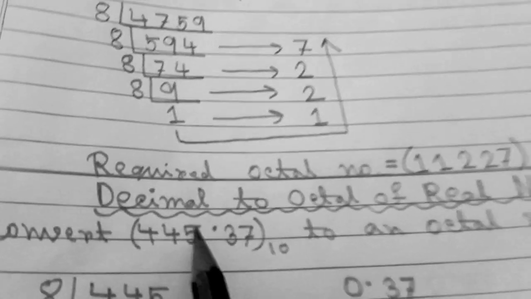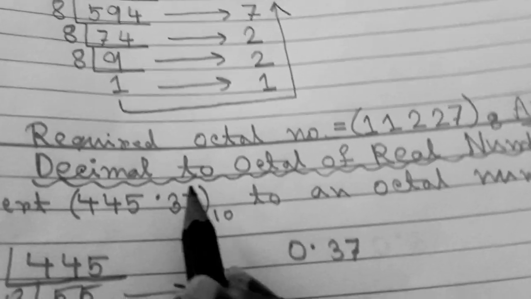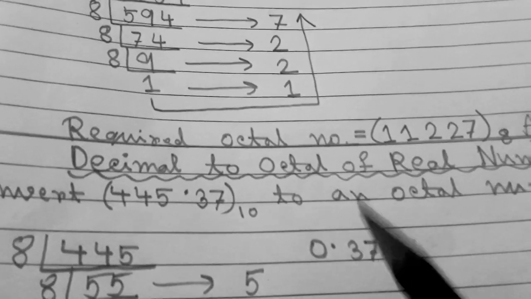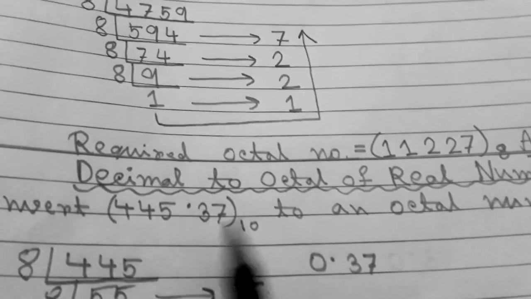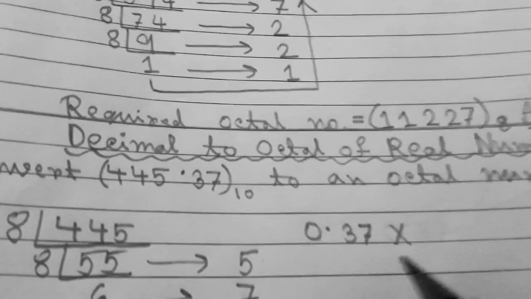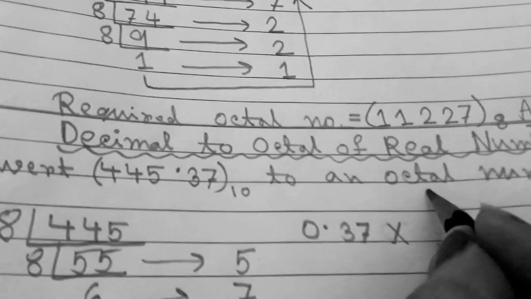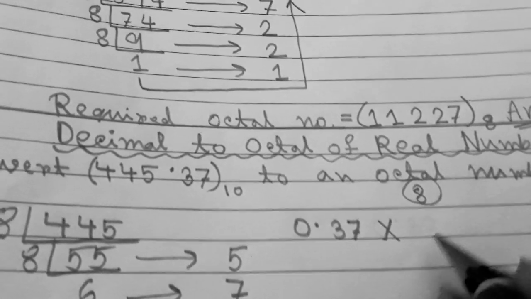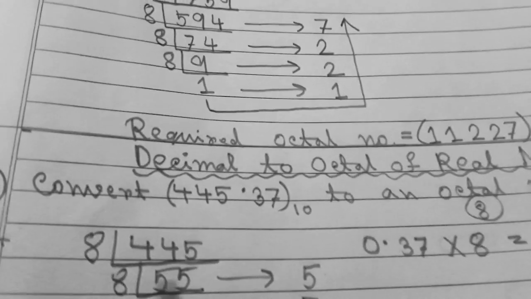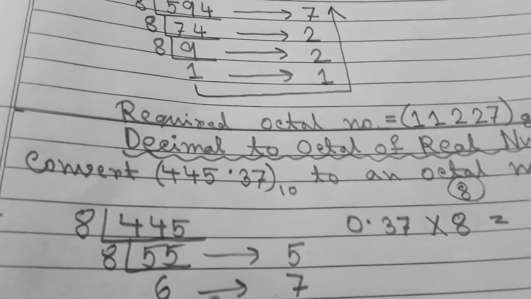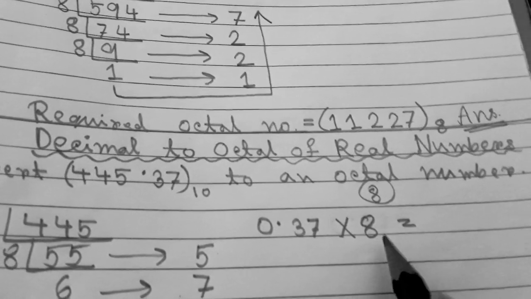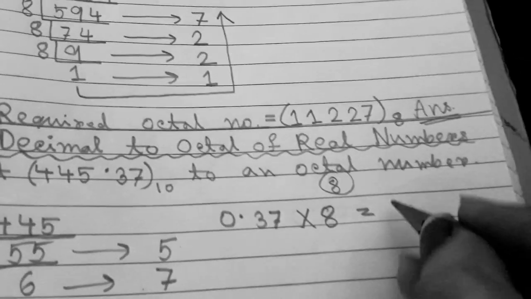Now what to do with this 0.37? So you remember that for fraction decimal to binary, we have to multiply by 2. Here octal, so base is 8, so we have to multiply by 8. So in case of real number, we have to divide by 8. In case of fraction, we have to multiply by 8.